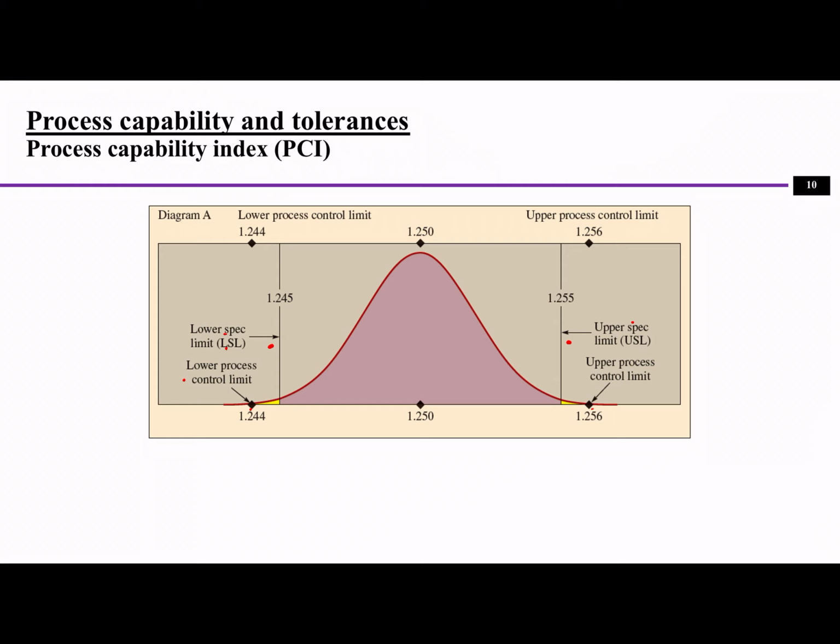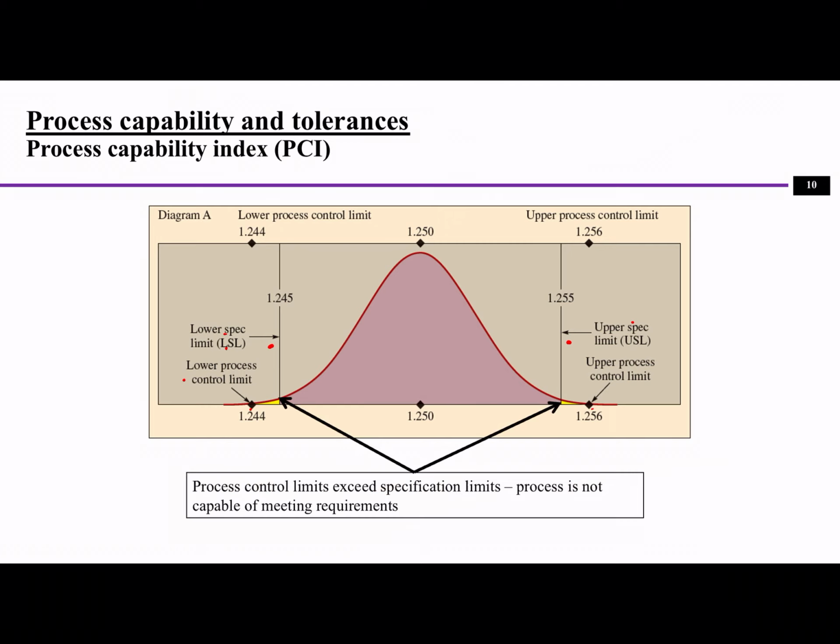That means that this process is not capable of meeting the requirement, because it's producing those yellow parts that are not acceptable and not within the specification limit.